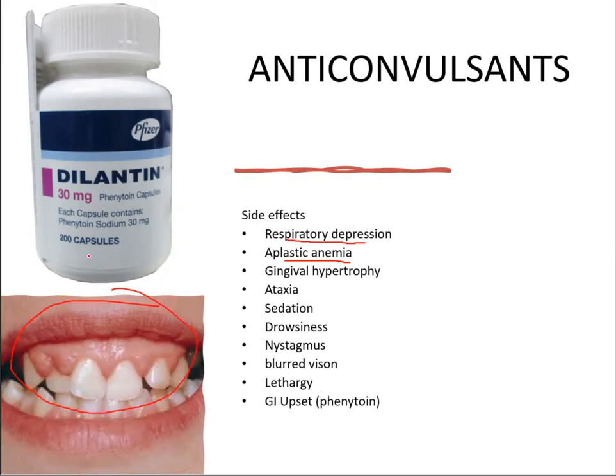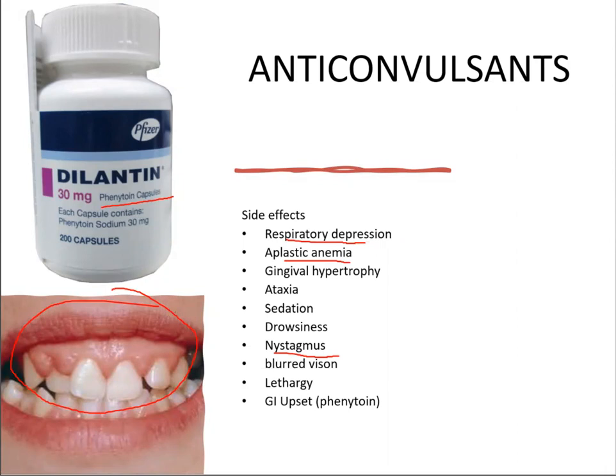This usually occurs with phenytoin. Gingival hypertrophy is an overgrowth of gum tissue around the teeth. You could also have nystagmus. Nystagmus is a vision condition in which the eyes make repetitive, uncontrolled movements.